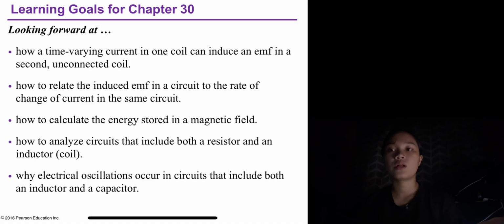After that, we will analyze RL circuits, focusing on how current increases and decreases gradually over time. Finally, we will study LC and LRC circuits, where energy oscillates between electric and magnetic forms. Throughout this chapter, we will connect equations to physical meaning and real life applications.